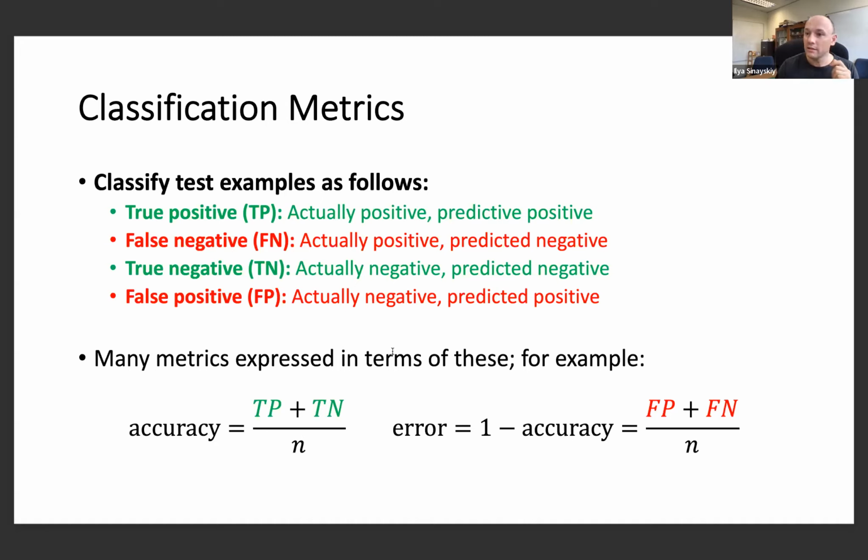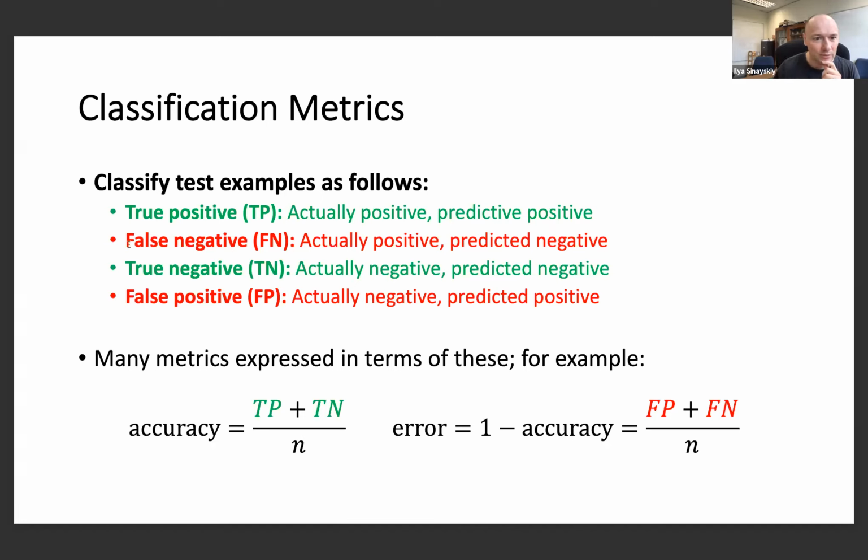If we're talking about a classification problem, we can have four possible outcomes. We can have a true positive, which means the event is positive and predicted positive. You guess the right class: your model predicted the right class and it belongs to the right class.